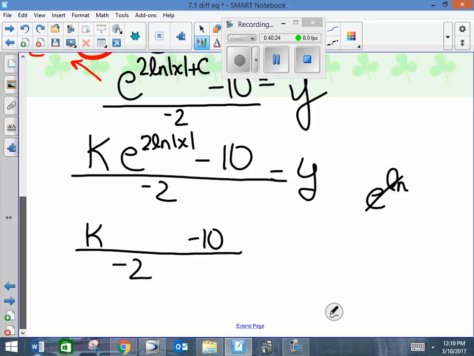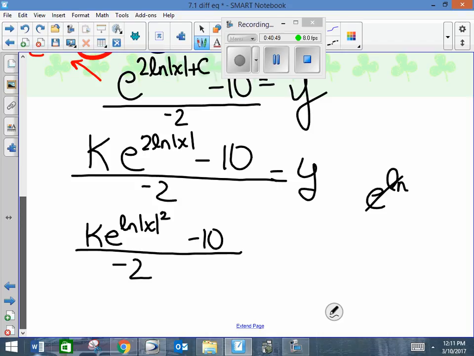As an exponent. Okay, so the factor is an exponent. That's your log rules, people. Read Cal, chapter 4. Oh, that makes sense. Okay, now x squared.